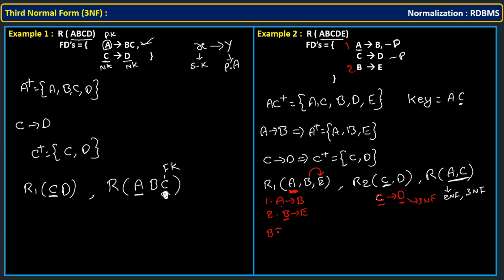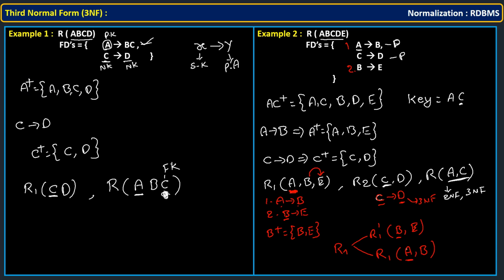If you find the B closure, as usual for third normal form, we get BE. So we divide R1 further as R1 dash, which we take as B comma E, where B is the primary key, and in the remaining R1, A is the primary key and B is going to become a foreign key.